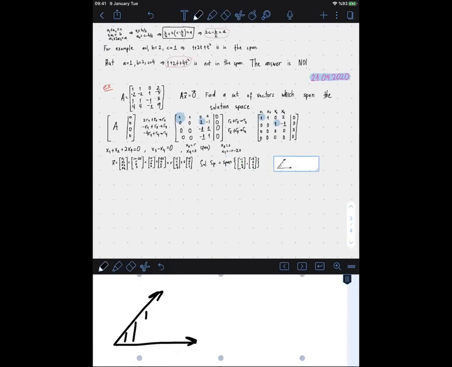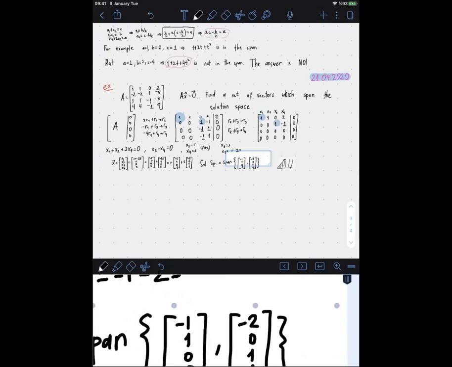So the solution space is really a plane in the four-dimensional space, spanned by these two vectors.